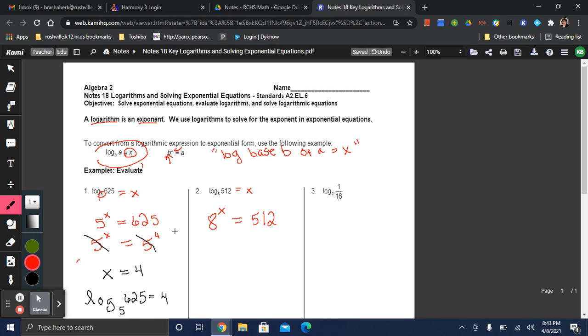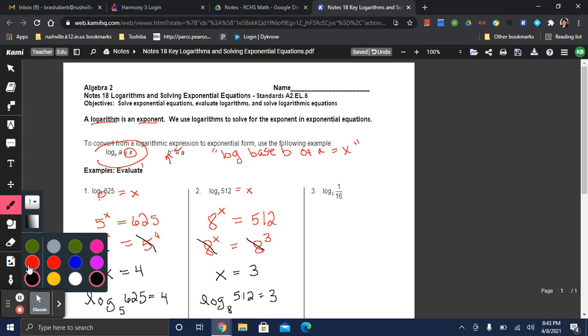So we'll go with 8 to the x equals 8 to the third power, and we'll mark out the 8s and get x equals 3. So log base 8 of 512 equals 3. So our logarithm equaled our exponent.